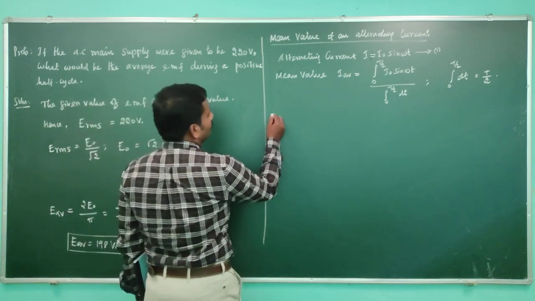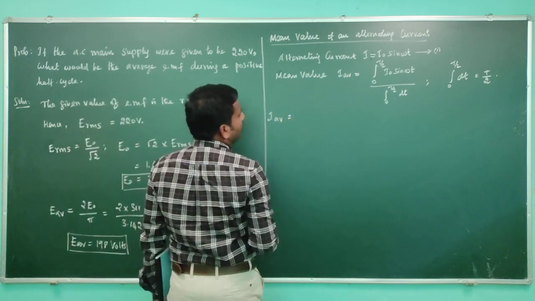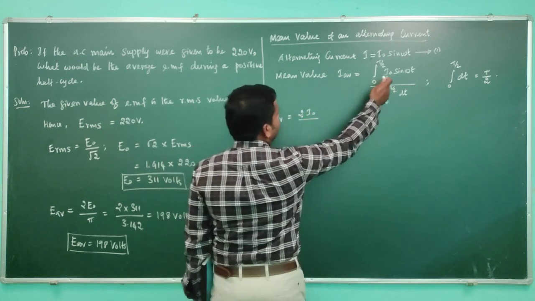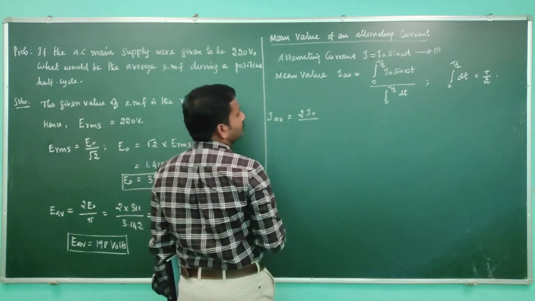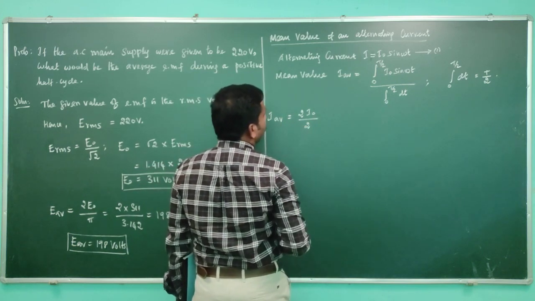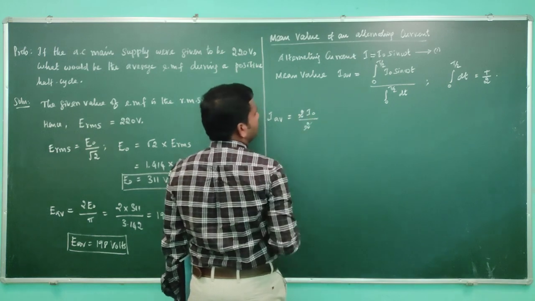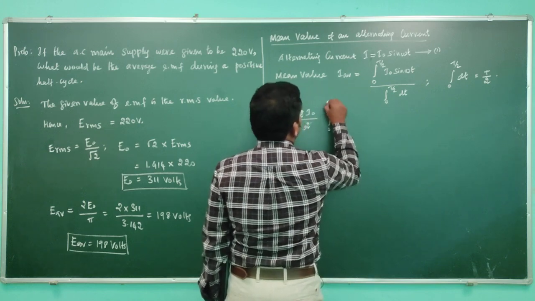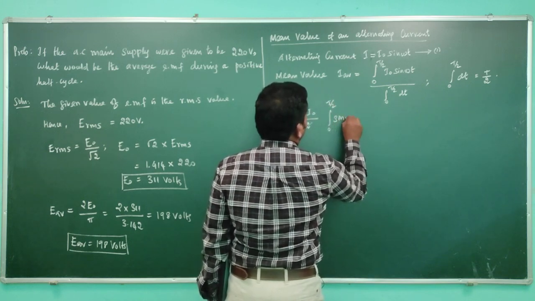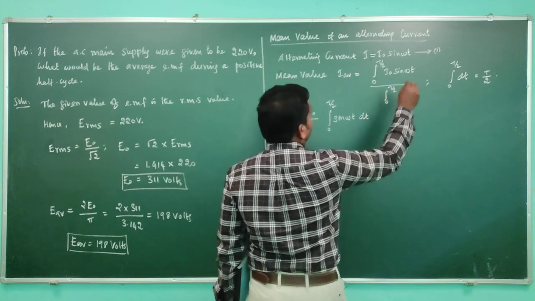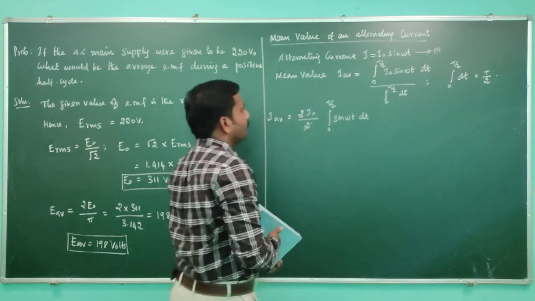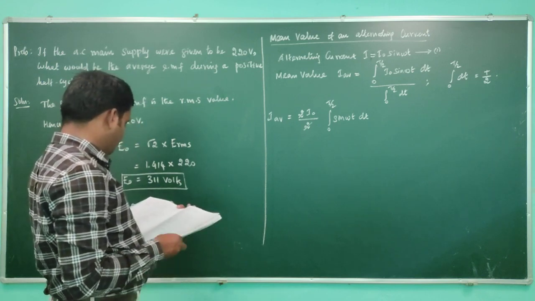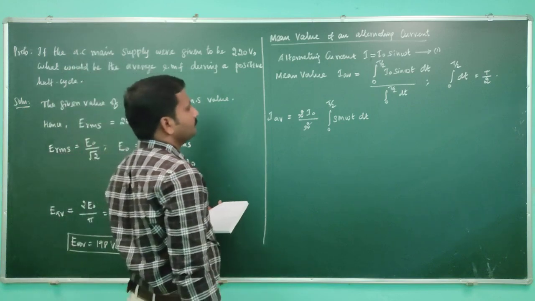So I average we can write as 2 times I naught, taking this I naught out as common since it is a constant, by T. So this and this will cancel out, and what is remaining is the integral from 0 to T by 2 of sin omega t dt.